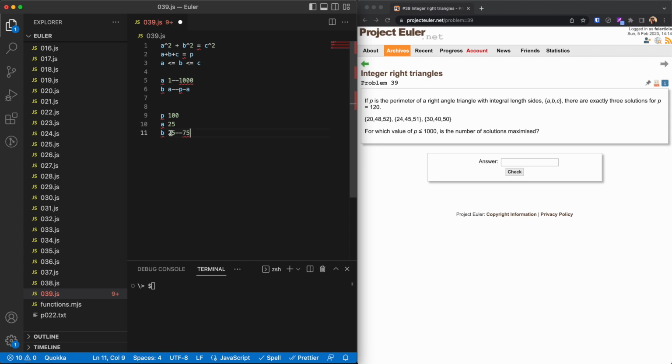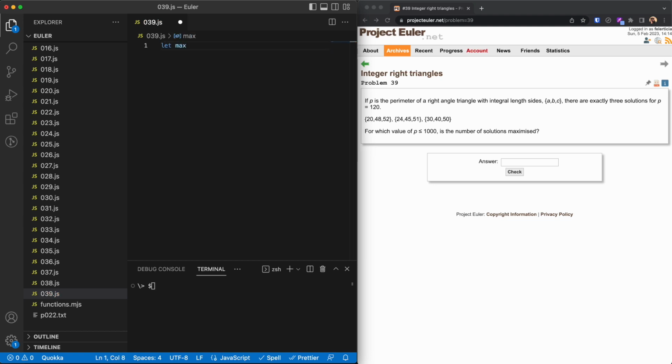That's the maximum that it can go, because 25 plus 75 is 100 and the c will be 0, which we don't want. And then we can calculate c using this formula, and then we would check if a squared plus b squared is equal to c squared. Right? So let's go and write the code.